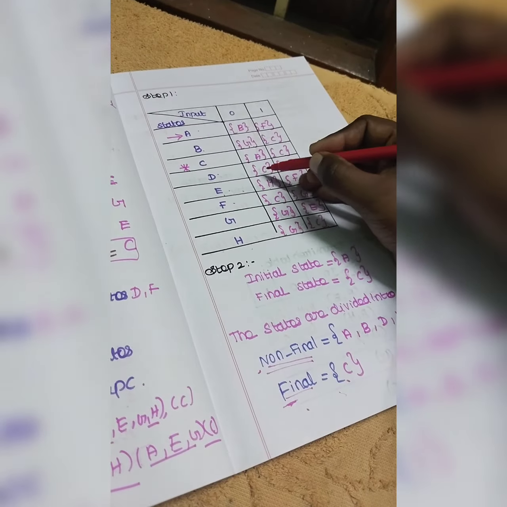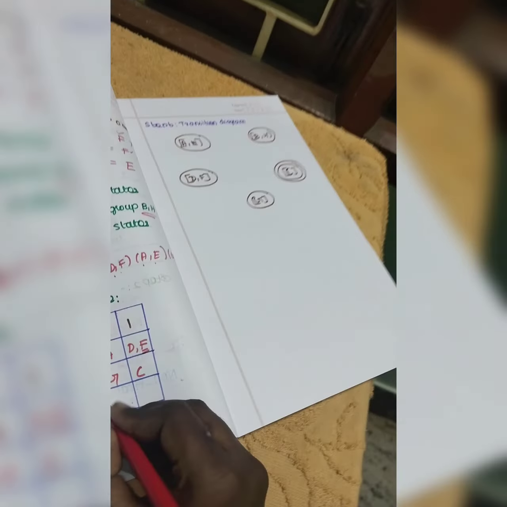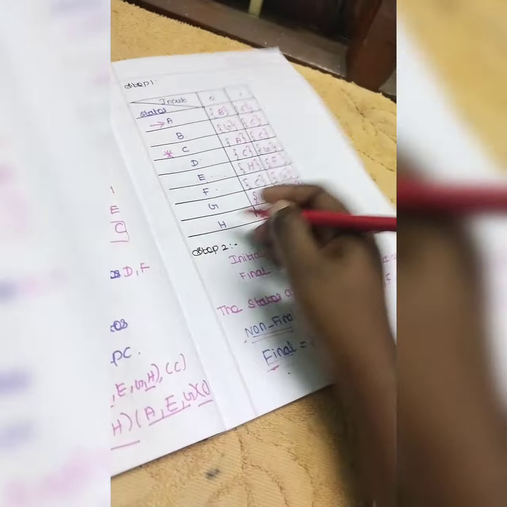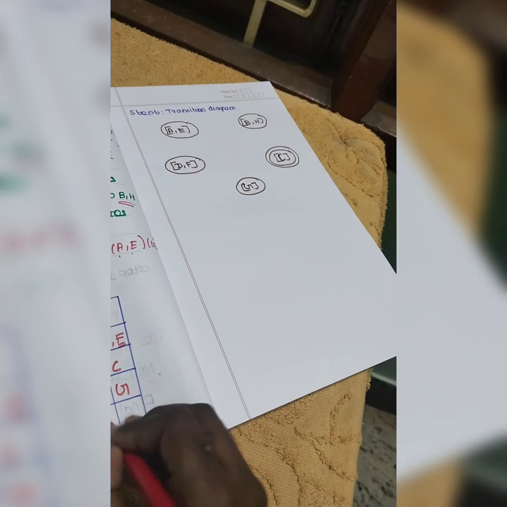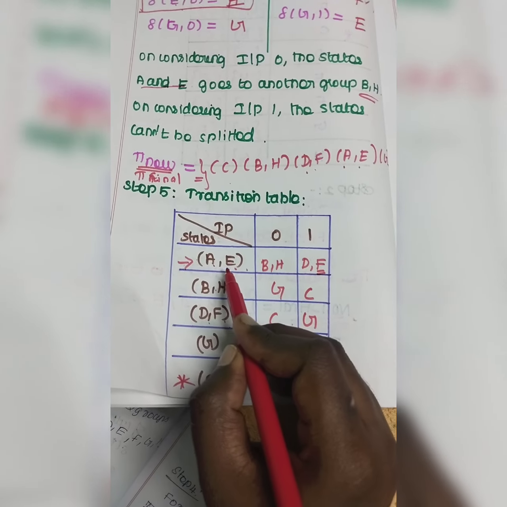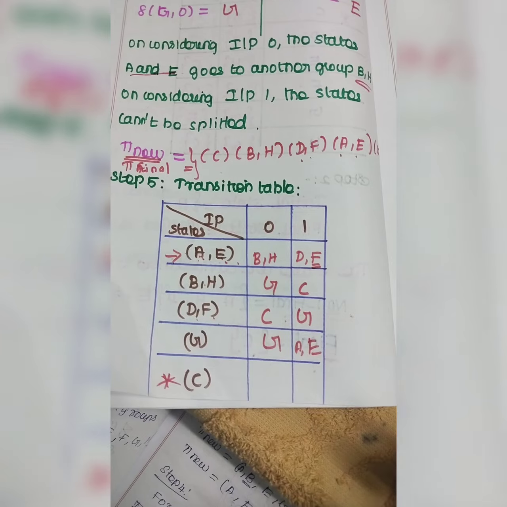Then you can check D comma F. D comma F with the input 0 gives C and G. G you can check, G only. For E, if you write E, it is not a state alone. E is with A, so you can write A comma E.